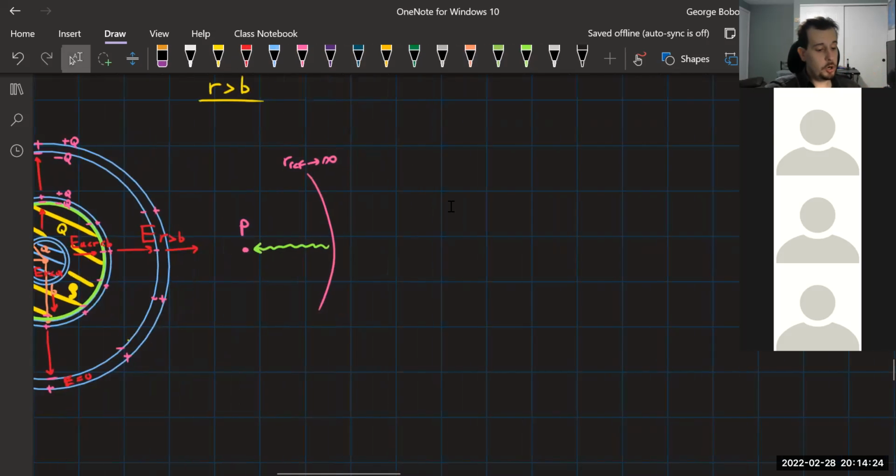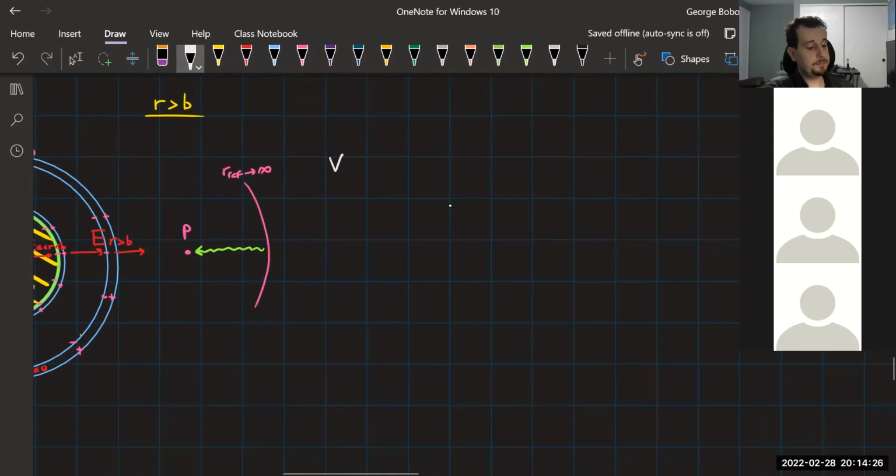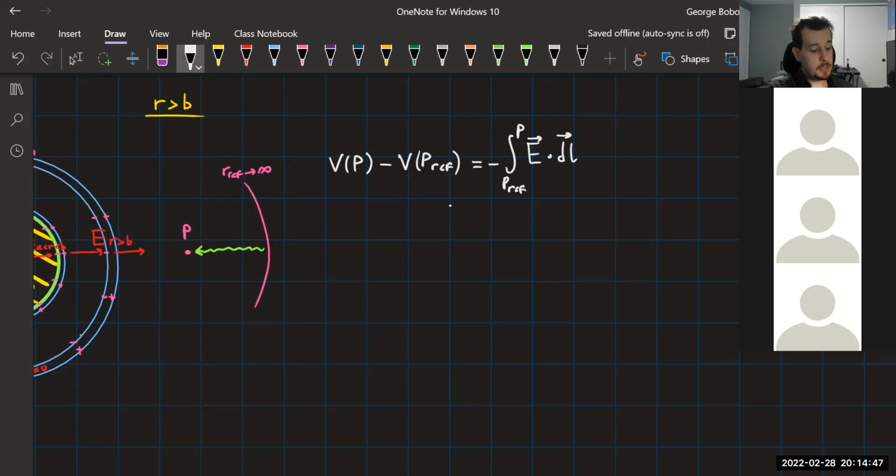And I'm gonna start my integral. V at point P minus V at the reference point is equal to minus the integral from the reference point to the point P of the electric field I traverse. Now, because the electric field is a function of R, so will the potential.